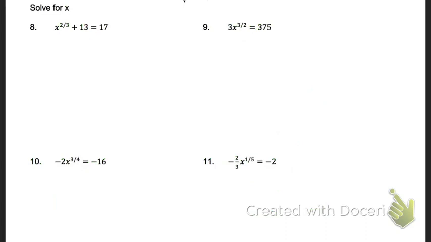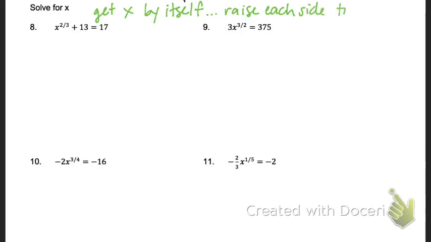Yes. So if I am solving for x, basically I'm trying to get x by itself. So I want to get x by itself. Then I want to raise each side to the reciprocal power.